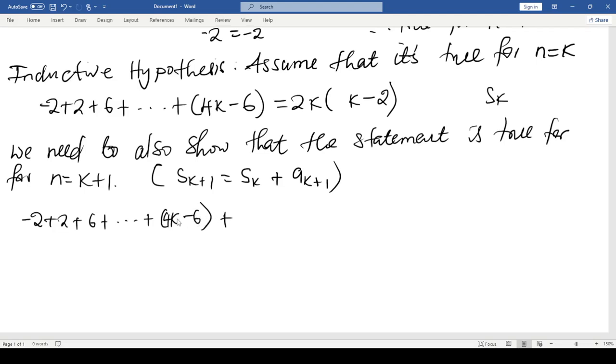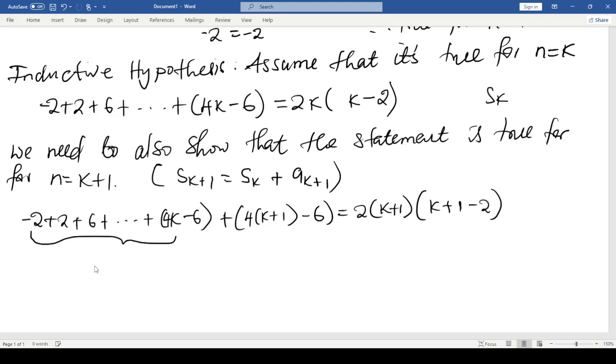Where there's k here, we're going to put k plus 1, meaning (4(k plus 1) minus 6) being equal to 2(k plus 1), a step further again, that is (k plus 1 minus 2) like this.